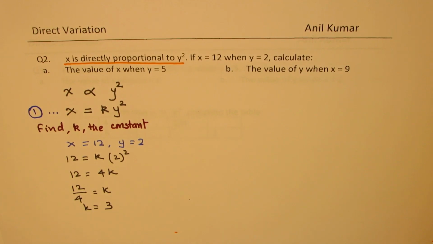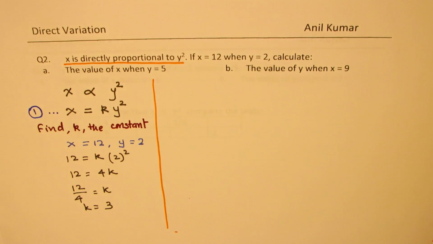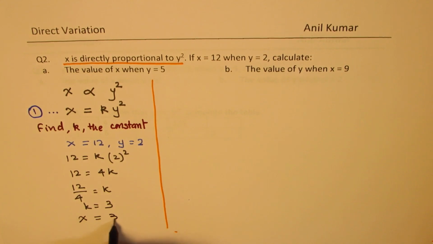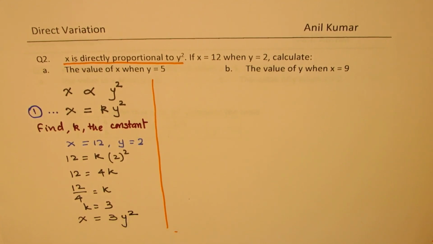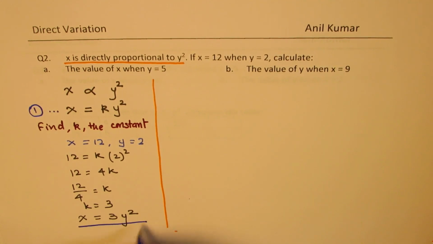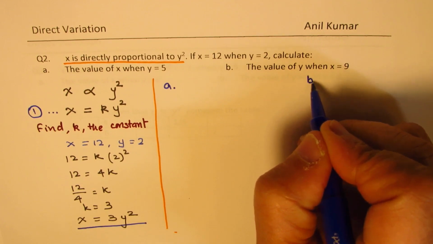So that gives you the equation of the given example, right? So we can write down now that x is equal to 3 times y square. So this is the equation with which we'll work and find the solution to part A and part B.